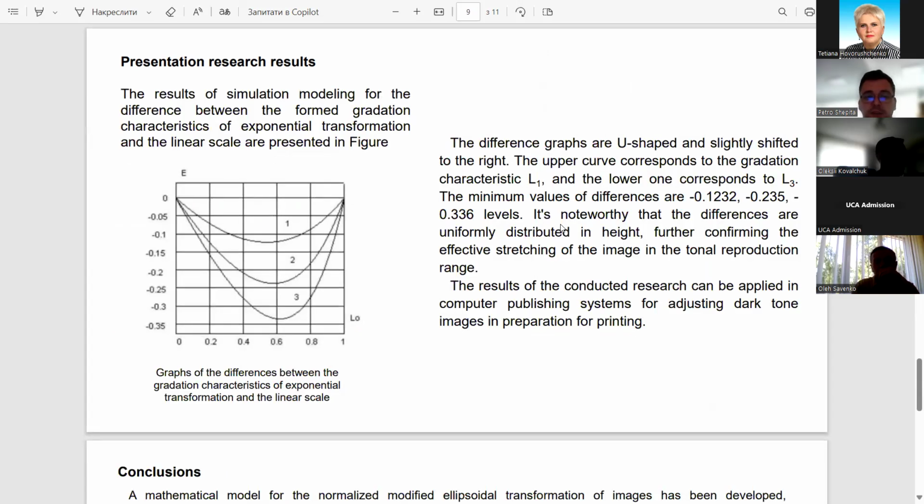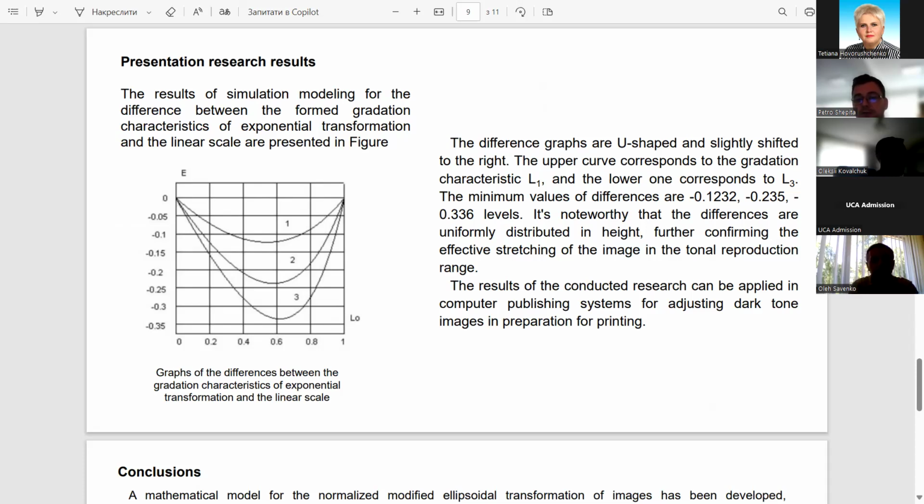The results of the simulation modeling of the difference between the formed gradation characteristic of the exponential transformation and the linear scale are presented in this figure. The difference graphs are U-shaped, with a line shifted to the right. The upper curves correspond to the first gradation characteristic, and the lower one corresponds to alpha 3.